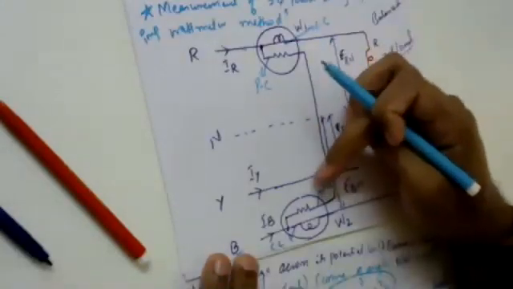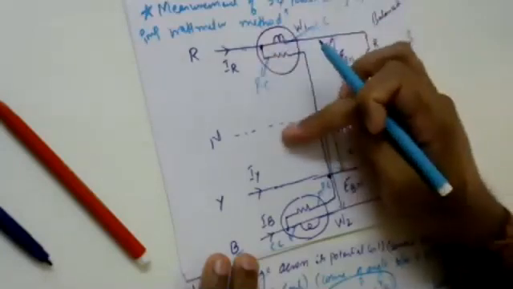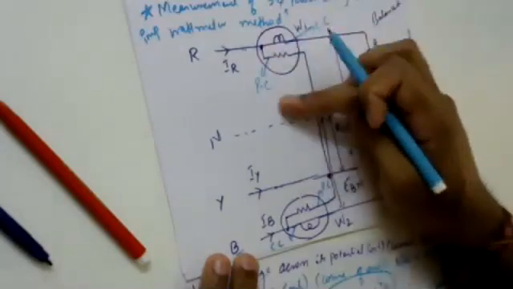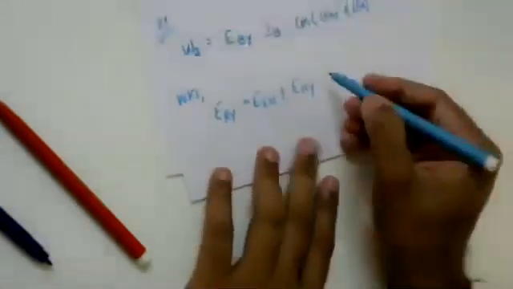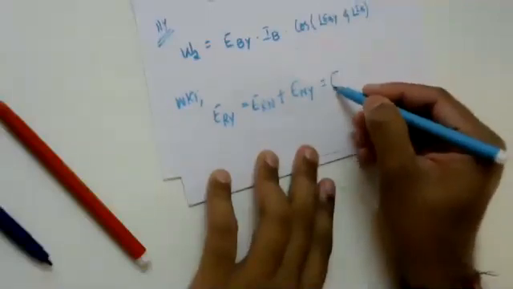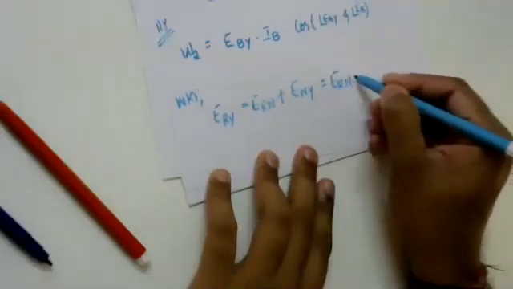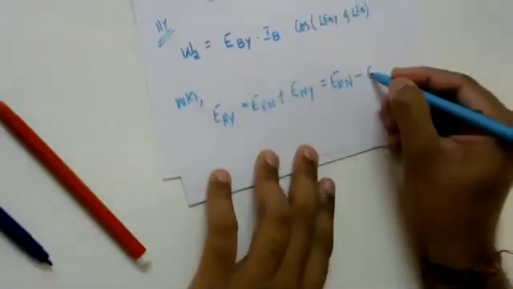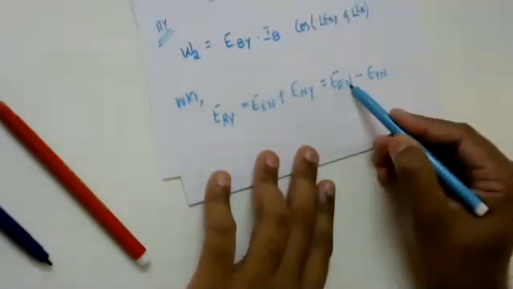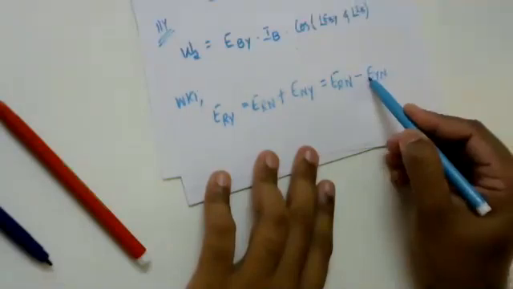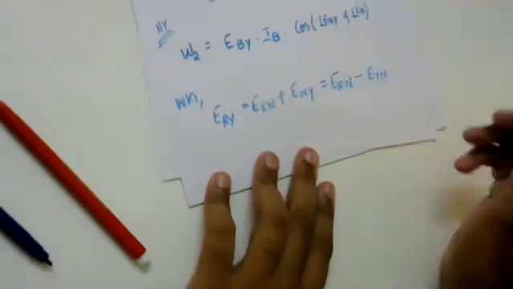But if I want to write it as RN plus YN, then I should make the sign of this reverse. So I can write the same vector as ERN minus EYN: R phase voltage with respect to neutral, minus Y phase voltage with respect to neutral.